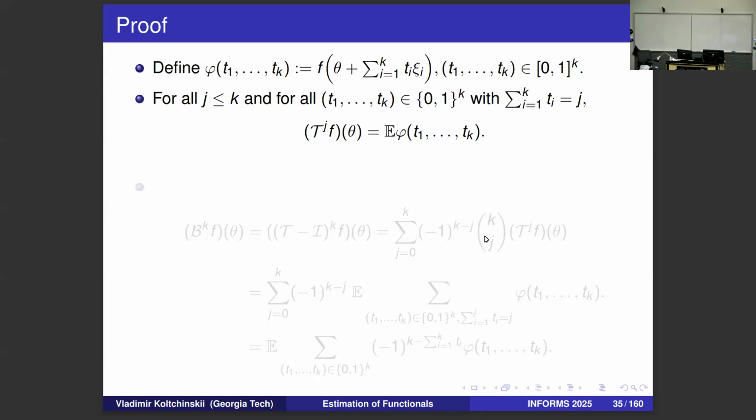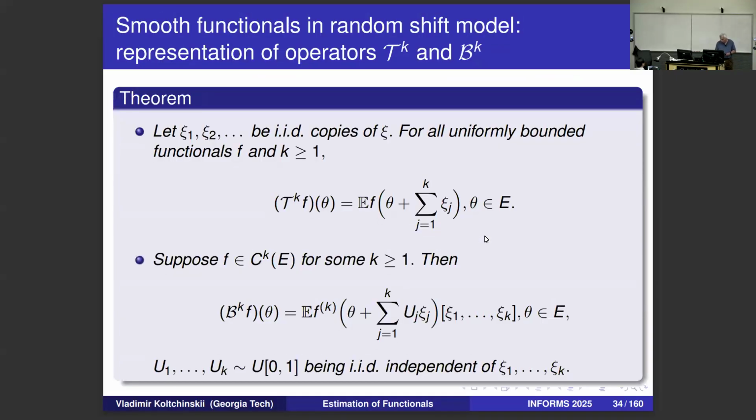Why? Because, you remember what T^j f of theta is, by the formula that I showed you before. T^j f of theta is obtained this way: you need to compute the expectation of f of theta, and here add the sum of j independent i.i.d. copies of noise xi.